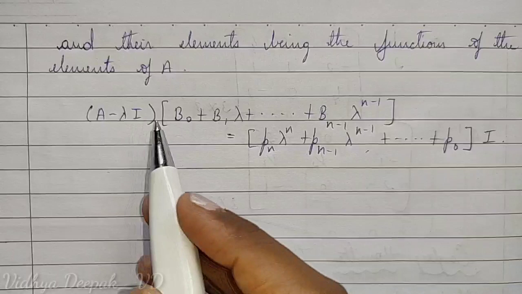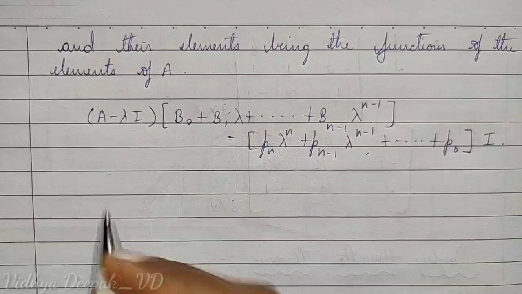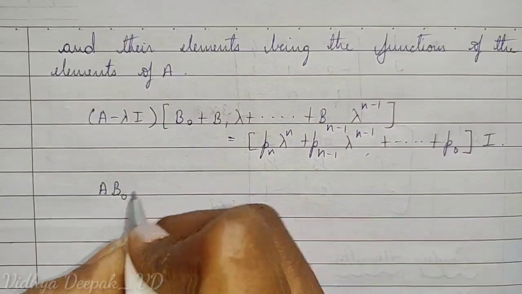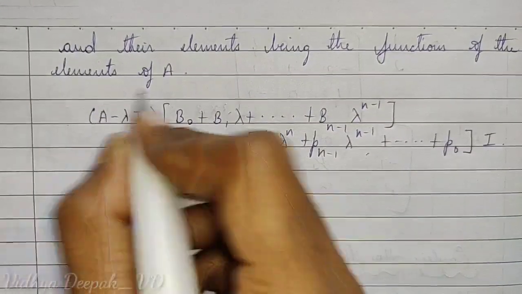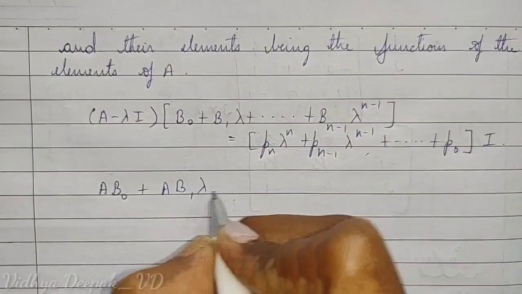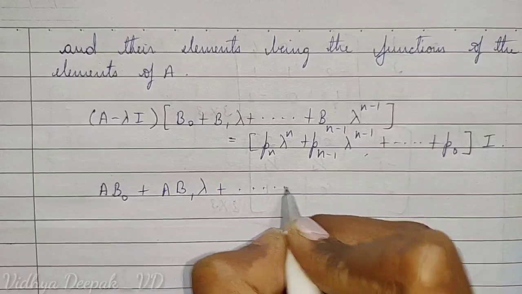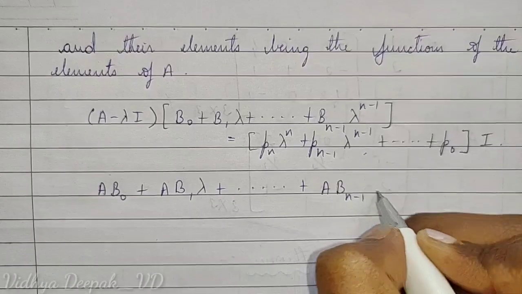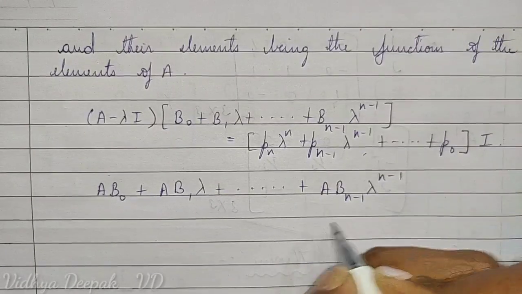So now multiply this inside. What do you get? A into B naught plus A into B1 lambda plus etc. plus A into Bn minus 1 into lambda power n minus 1.